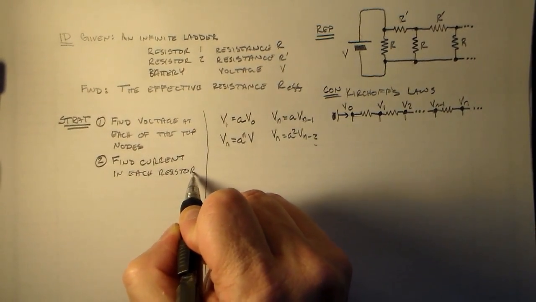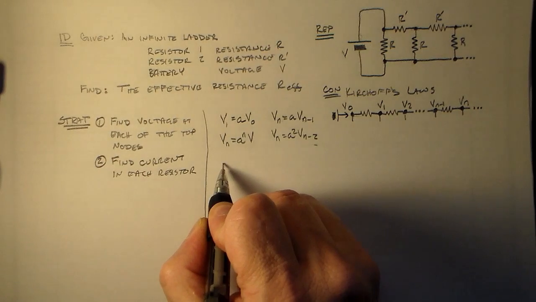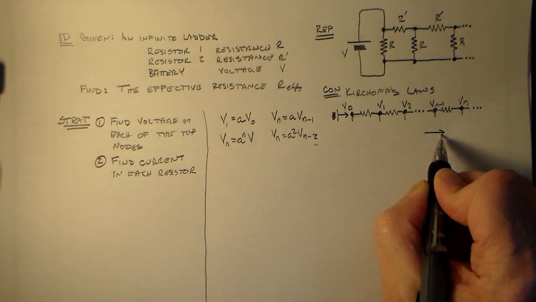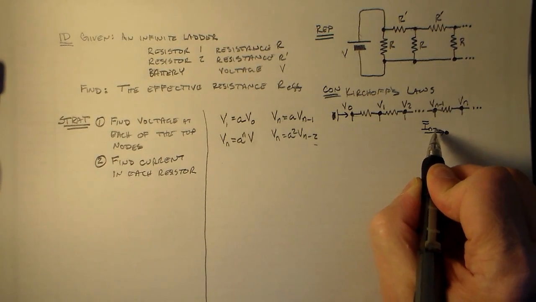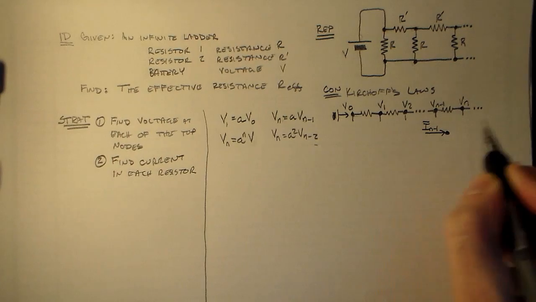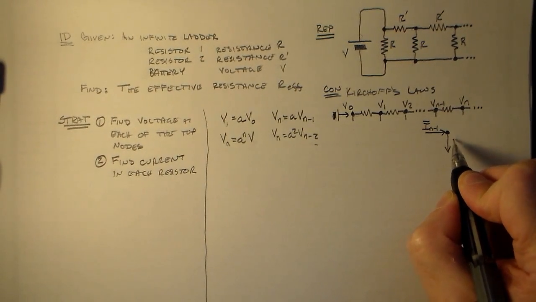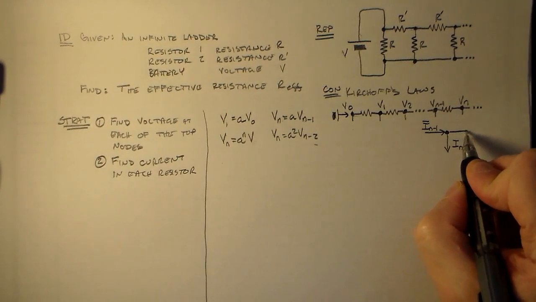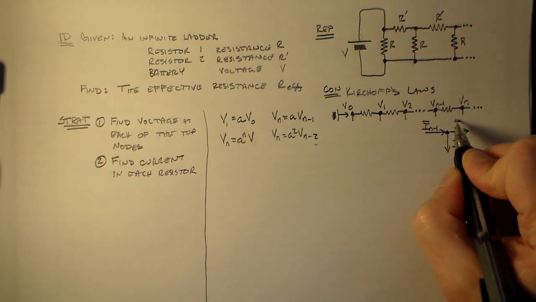In this case, what we're going to have to say is, okay, I've got a current coming into this node, so I've got this I bar n minus 1 coming into this node, right? And then coming out of it, I've got my In and my I bar n.